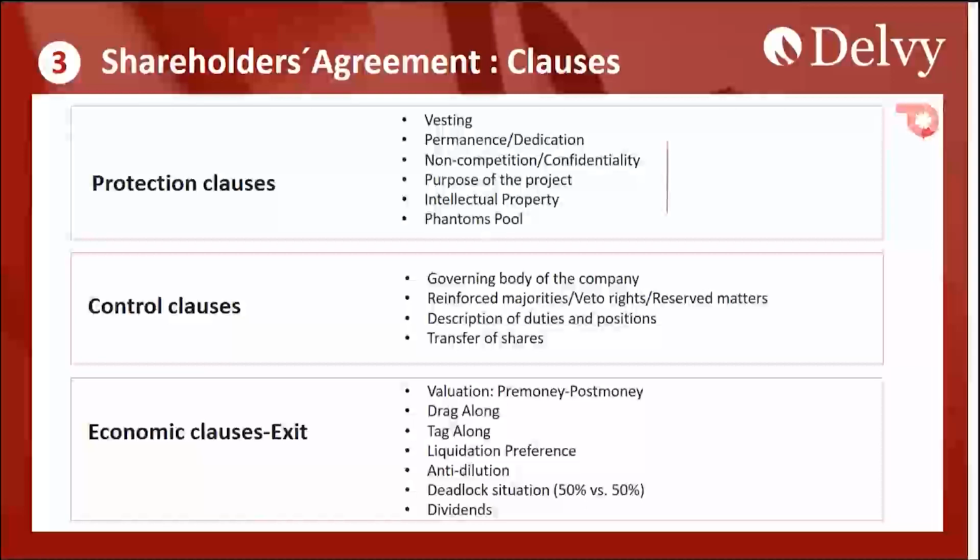If you had negotiated a post-money valuation of 5 million, you will dilute more, because then the pre-money wouldn't be 4 million, it would be 3,700,000, having oversubscribed.